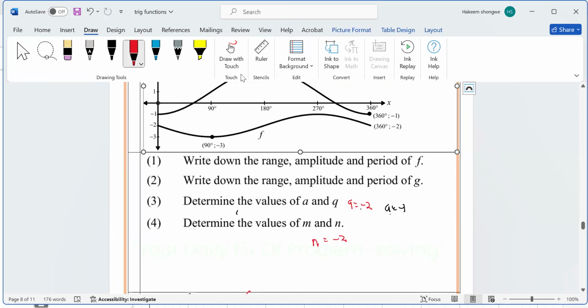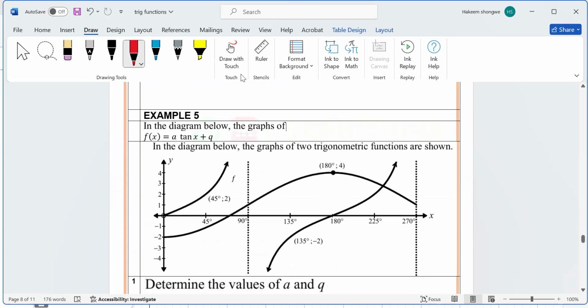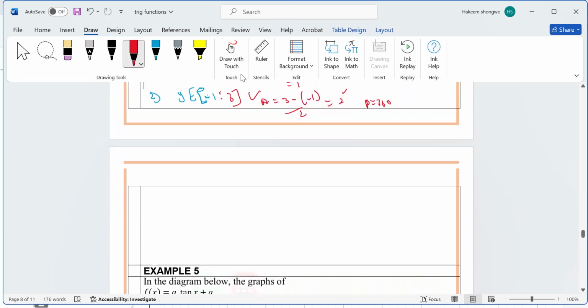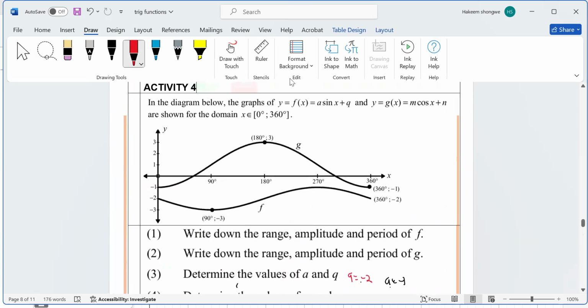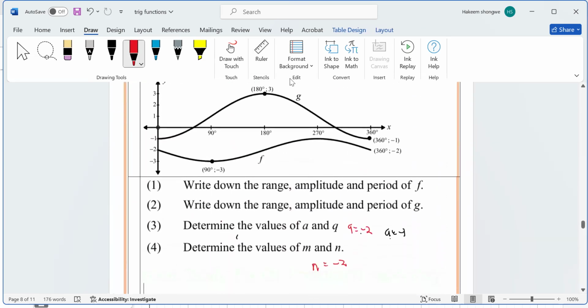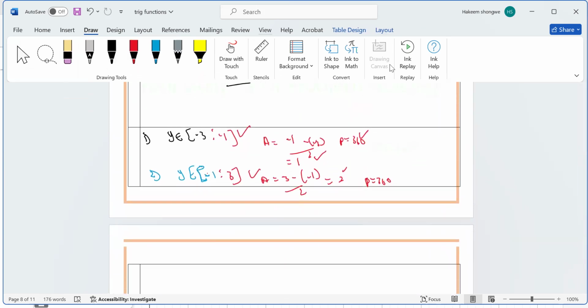The amplitude of g was 2, so we are not going to take +2 as our m. What is going to be our m? Our m is going to be -2. And then we are done, because they just asked us to determine the values. They didn't say we should give them the equation. Yeah, we are officially done there.